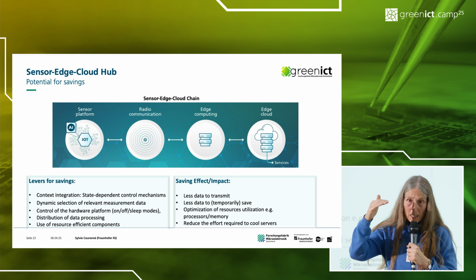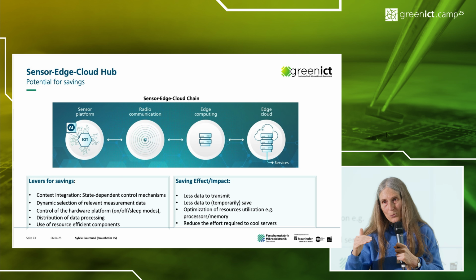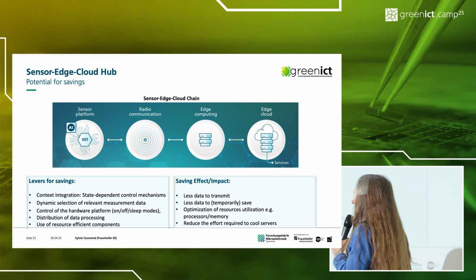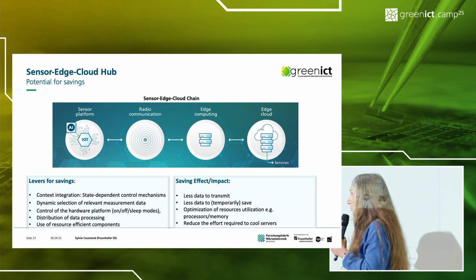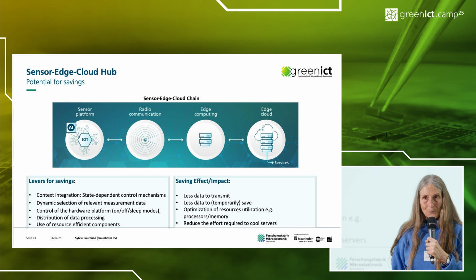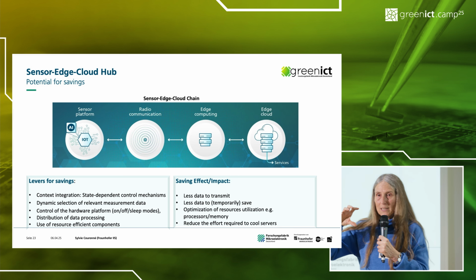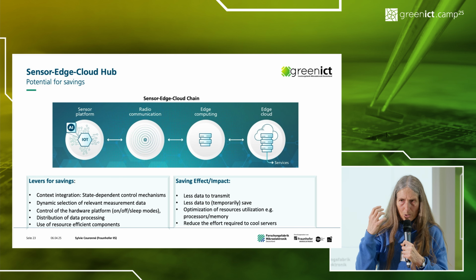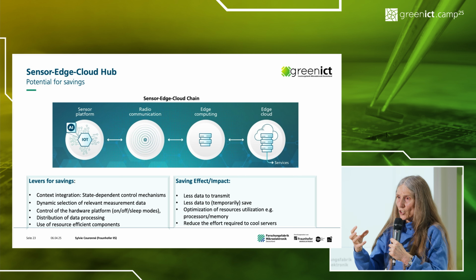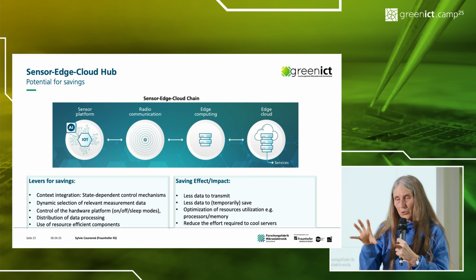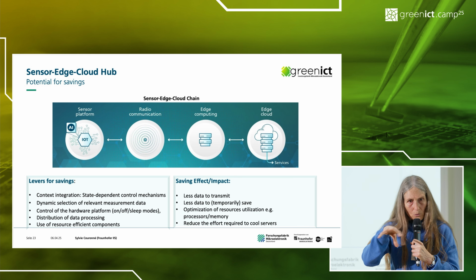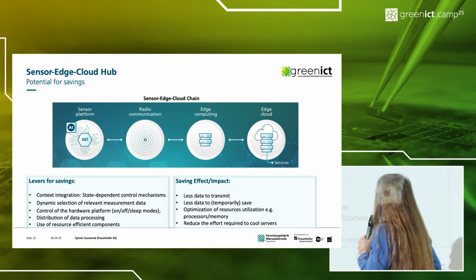So you have deep sleep, light sleep, and so on. I think the terminology is very funny. Of course, the use of resource-efficient components. For example, with some idea about good power management in your chip, you can also reduce the energy consumption of one element.